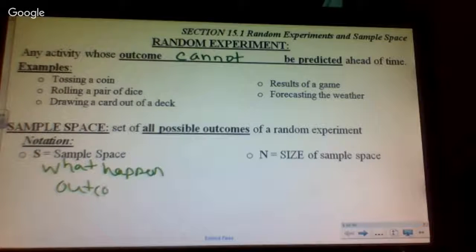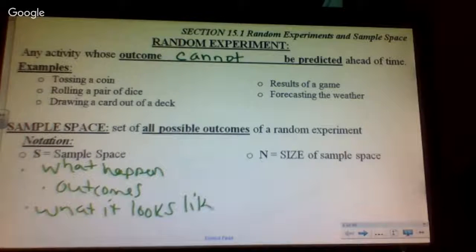What happens, the outcomes, what it looks like. That is your sample space. N represents the size of your sample space. So this is your number of outcomes.